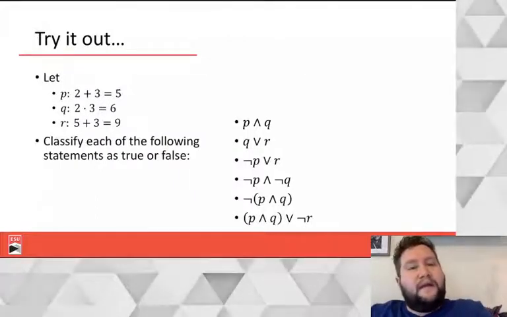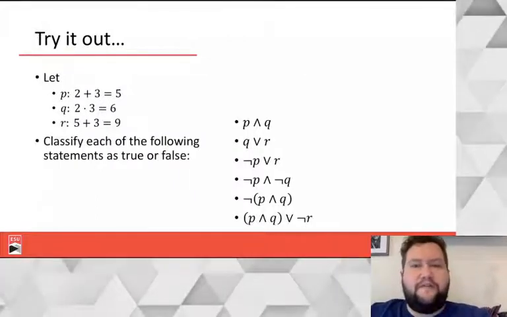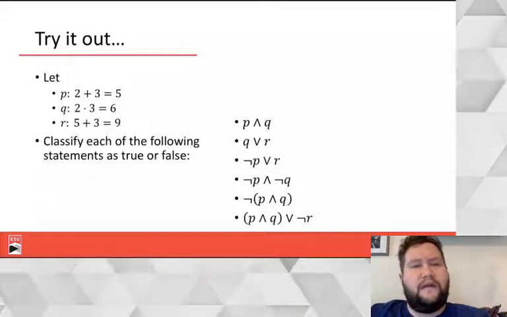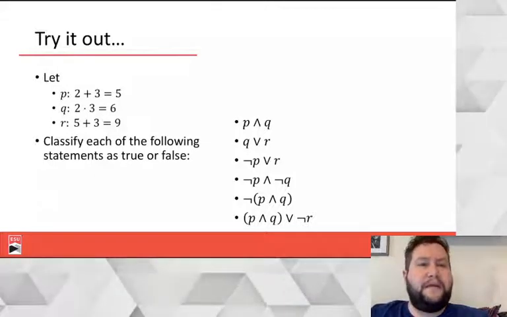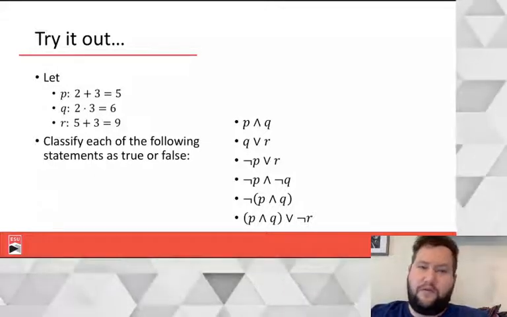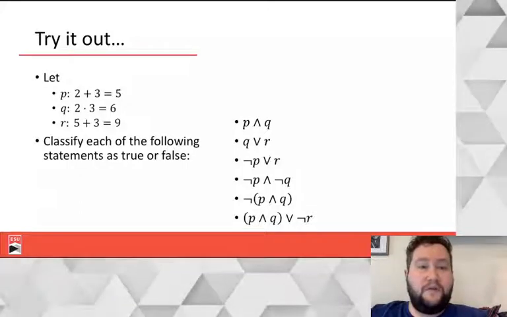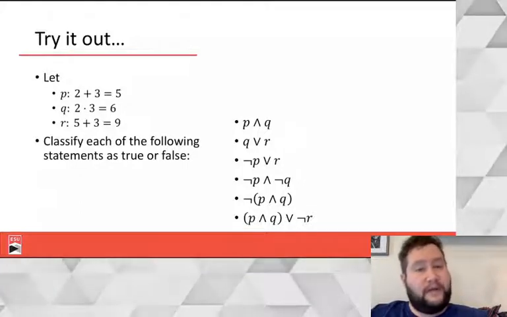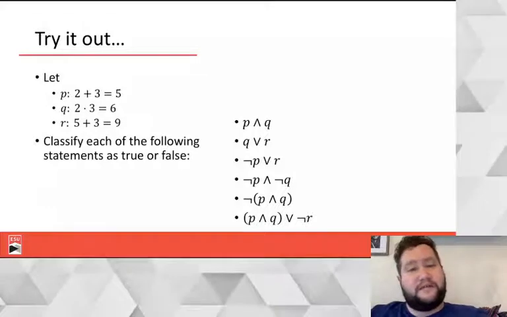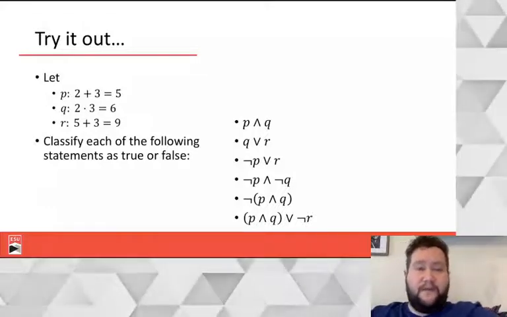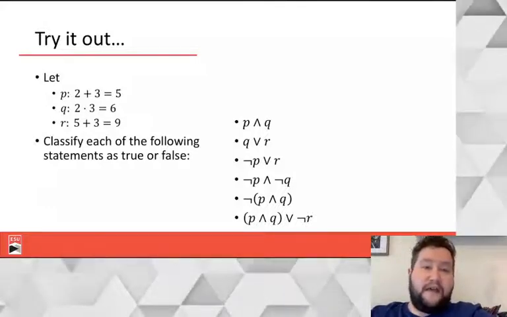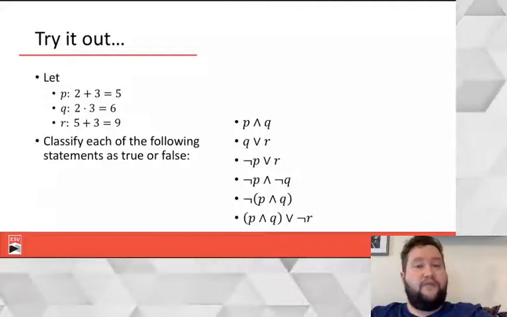So go ahead, and I would say after I introduce this, pause the video and work through this. We have three statements. P, which is 2 plus 3 equals 5. Q, which is 2 times 3 equals 6. And R, which says that 5 plus 3 equals 9. First, classify P, Q, and R as true or false.